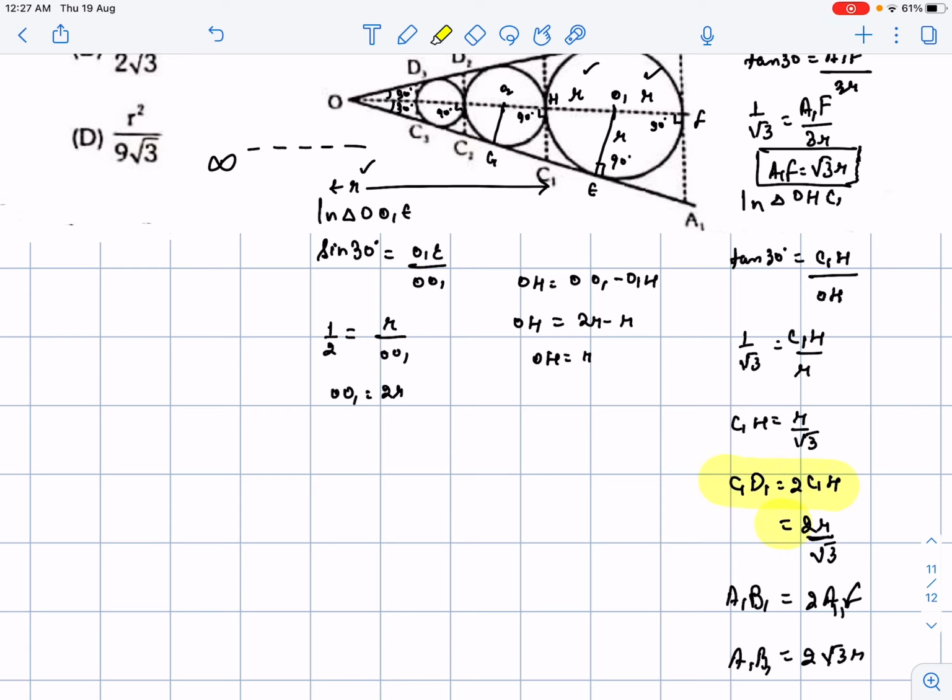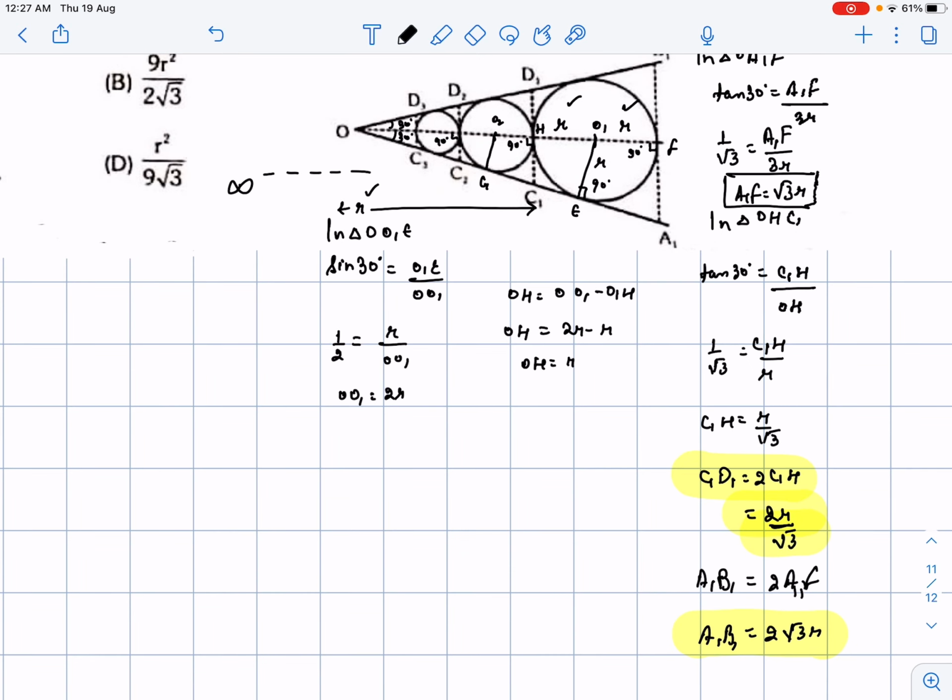So we can get the value of area of the larger trapezium. That will be what? Half sum of parallel sides into altitude. So that is half A1B1 plus C1D1 multiplied by HF, that is 1 by 2 times of A1B1, we do know 2 root 3r.